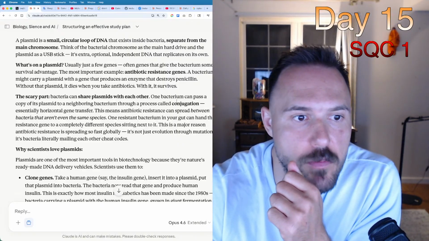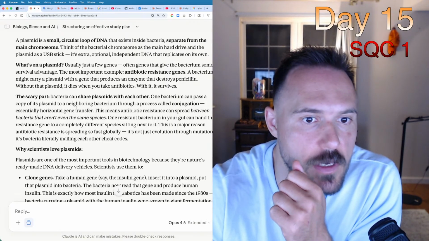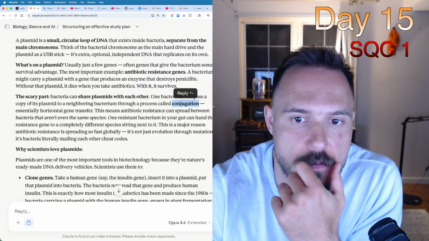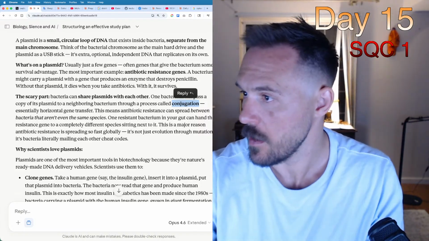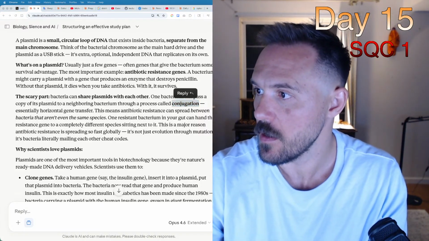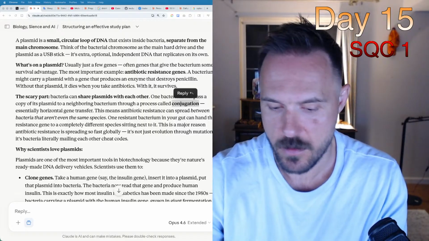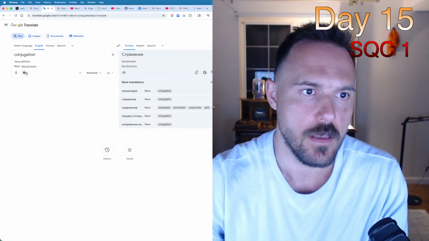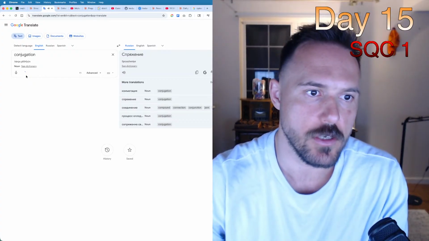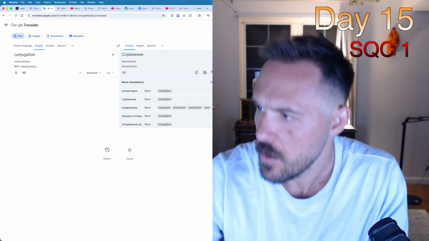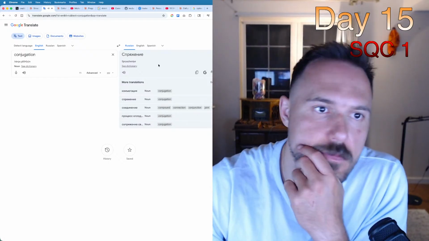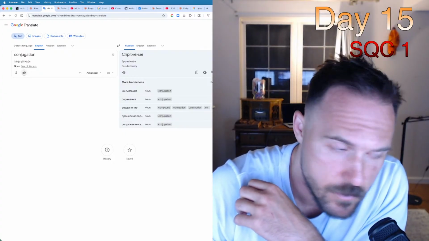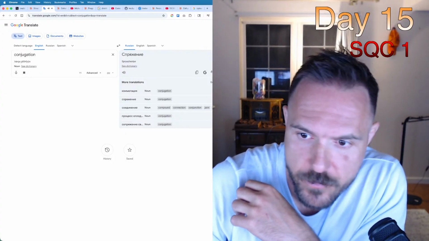One bacterium can pass a copy of its plasmid to a neighboring bacterium through a process called conjugation.